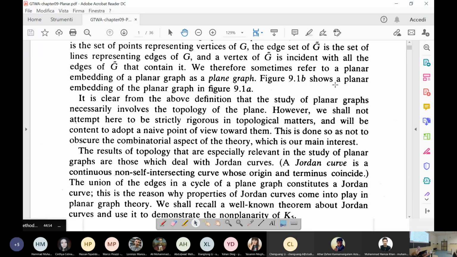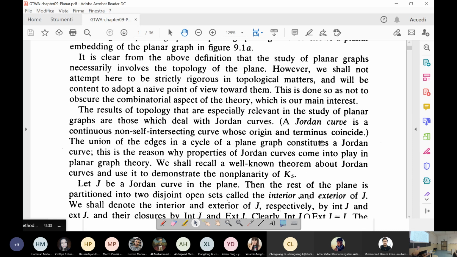This is the chapter which gives us an interplay between combinatorics, pure combinatorics, which was what we did so far, okay, and a part, I would say, of geometry, which is called topology, which is that part of geometry which is interested in something which is not metric, but just in the reciprocal position of points and lines in a plane, okay? And the first relevant thing is what is called a Jordan curve.